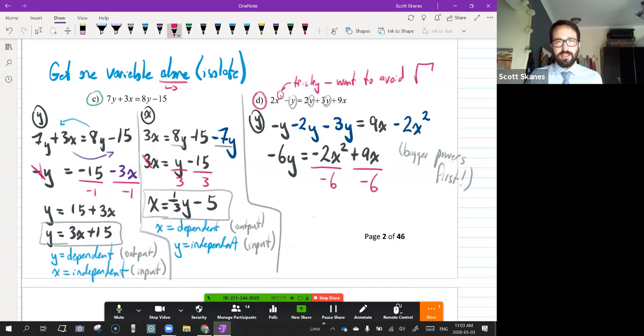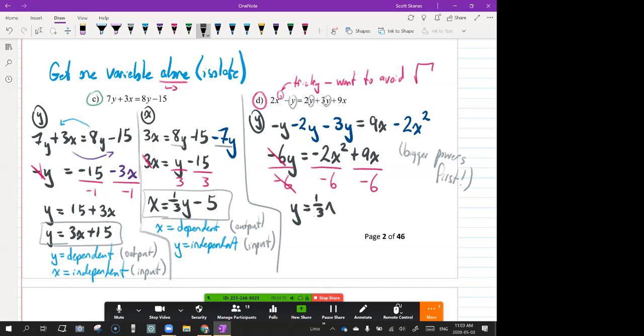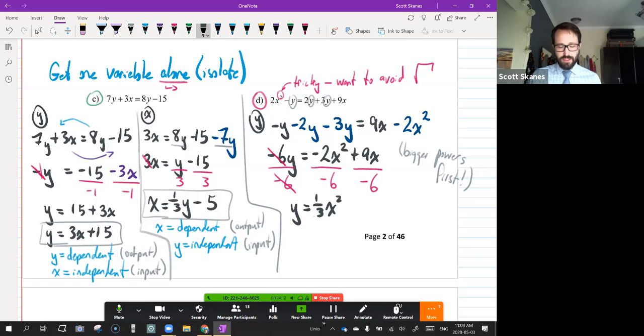And you're less likely to make a mistake that way. So I'll cancel that 6, because of course it divides by negative 6 as well. And then I end up with y equals. Now what's negative 2 divided by negative 6? It's 1 over 3. And then what's 9 divided by 6? It's 2, wait, I should know this, 1.5.